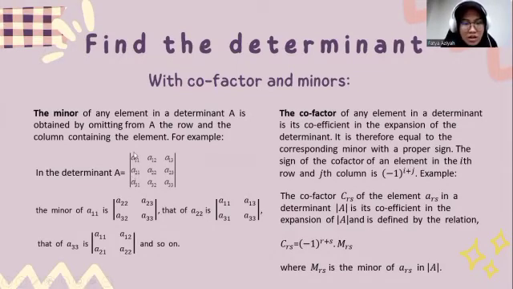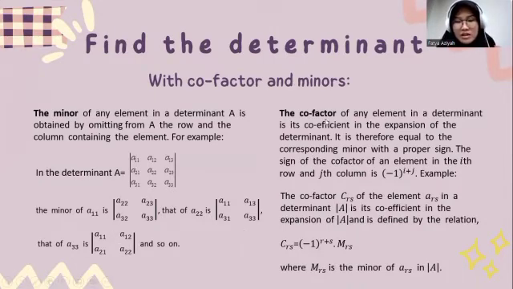So we have to remove row 1 and column 1, then we get A22, A23, A32, and A33, and so on.